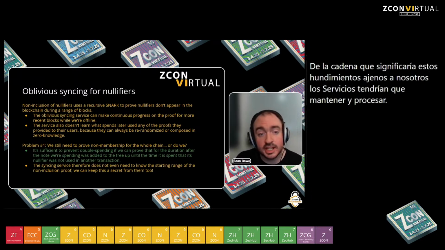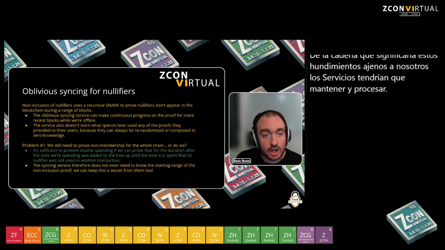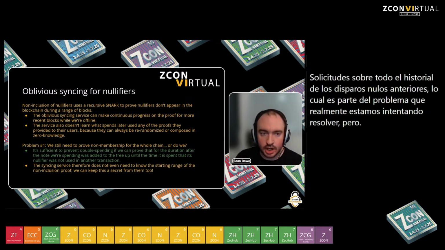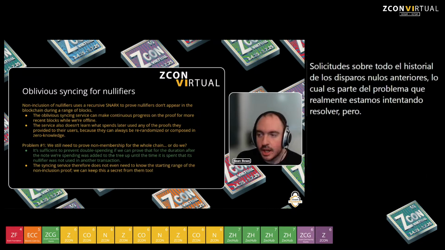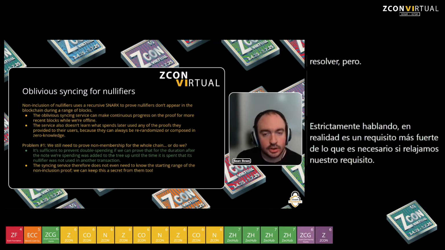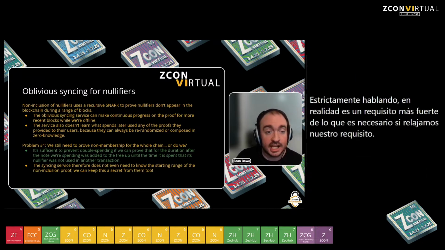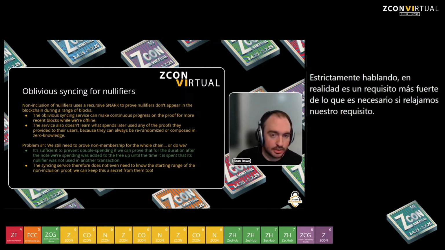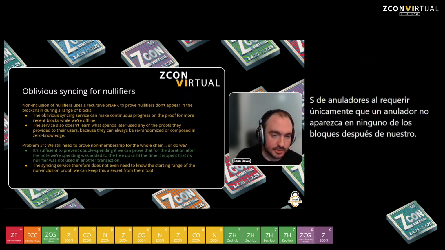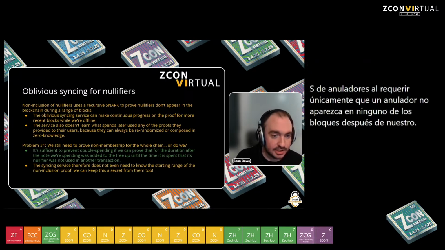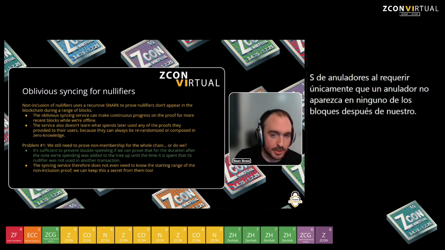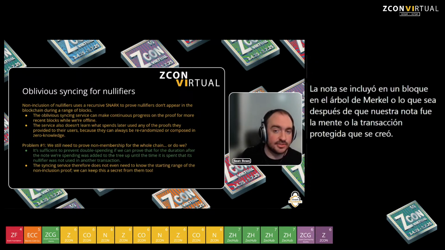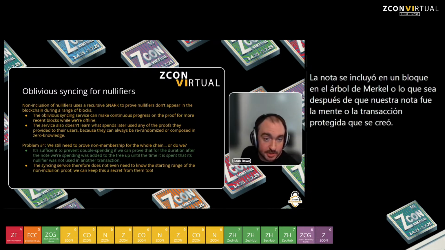But strictly speaking, it's actually a stronger requirement than is necessary, right? If we loosen our requirements of nullifiers by only requiring that a nullifier doesn't appear in any of the blocks after our note was included in a block, in the Merkle tree, or whatever, after the shielded transaction that created the note was mined, as long as the nullifier didn't appear after that in any blocks, that's sufficient to capture the cases where we could double spend.